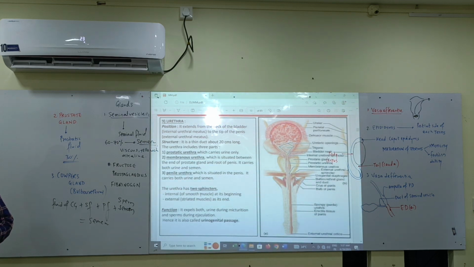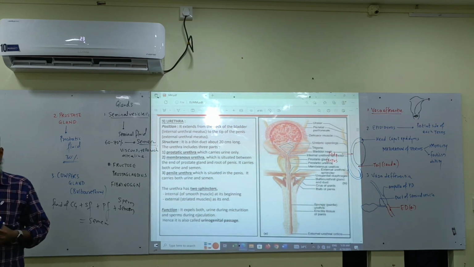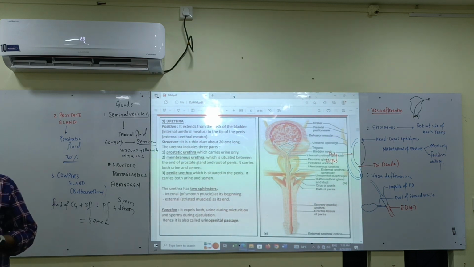Okay. Listen to this. Semen is equal to sperm plus the fluid of Cowper's gland plus seminal vesicles plus prostatic fluids. Together is called as what? Semen.